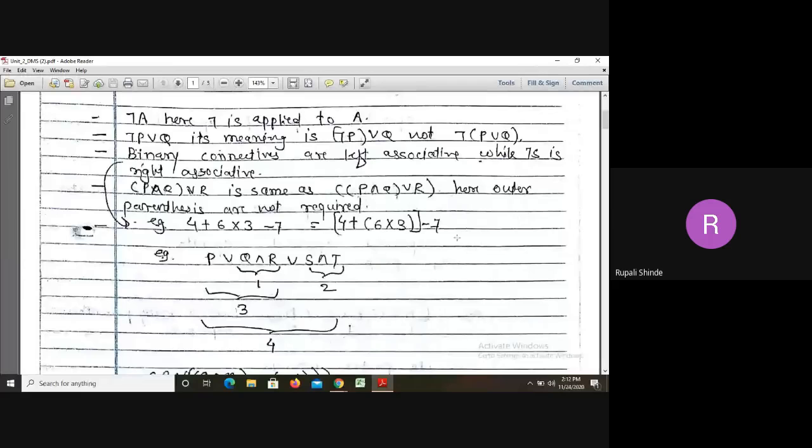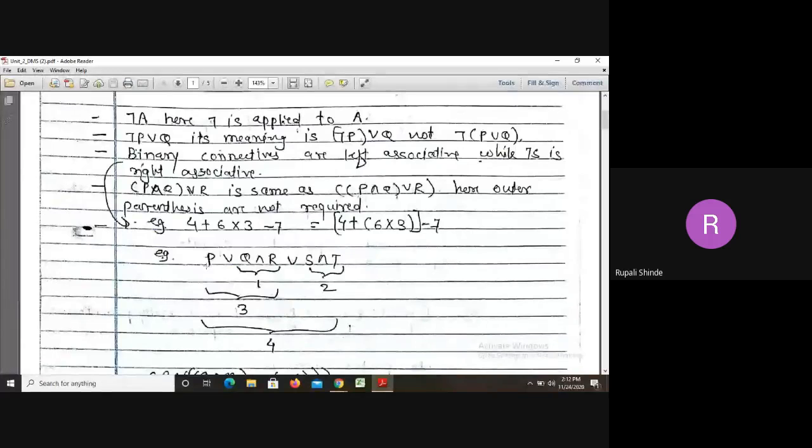Here they have given one equation, that is P or Q and R or S and T. If this is the given expression, how can we solve it? We know that we have to solve the expression from left to right. We need to assign priority to decide which operator to solve first.